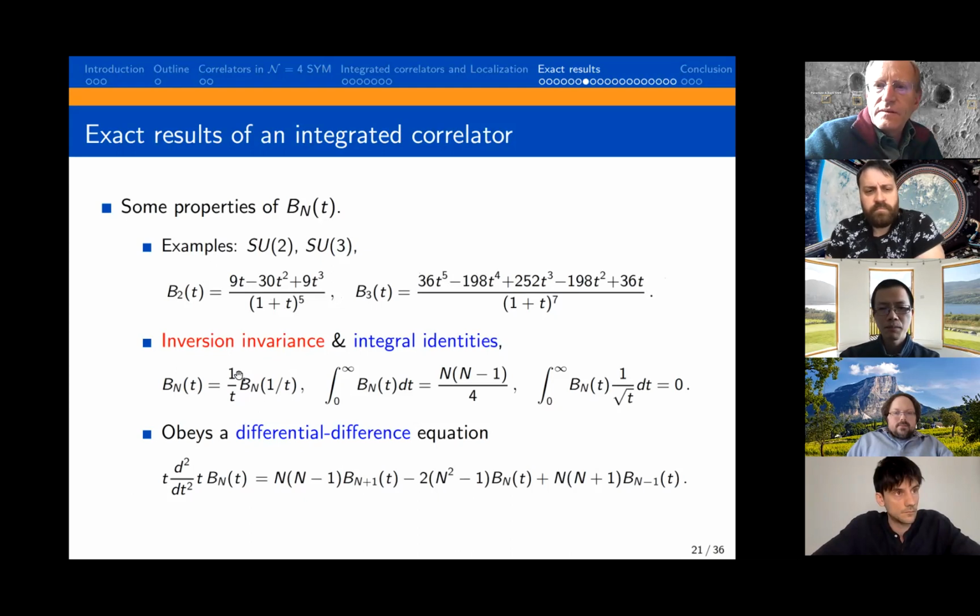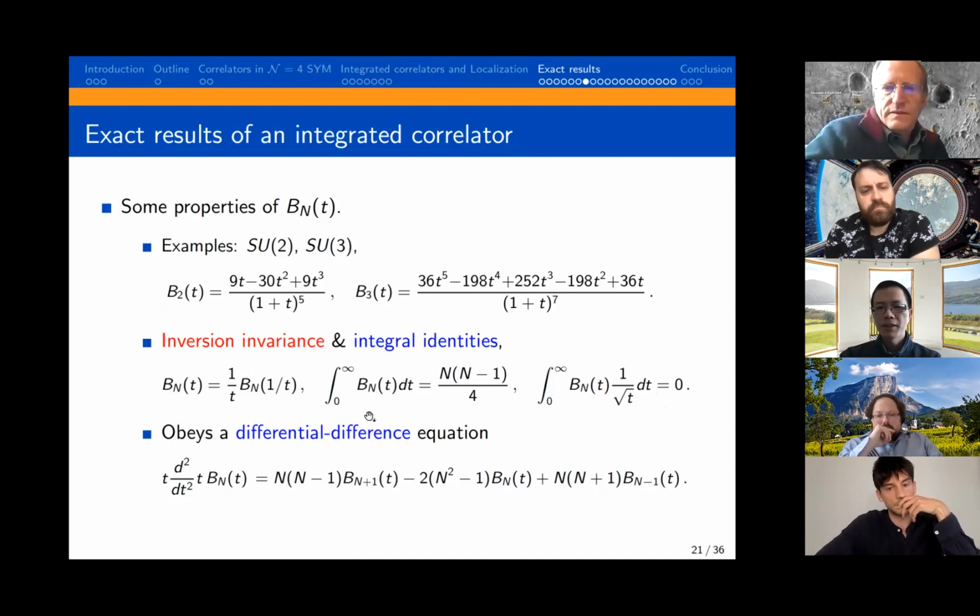As you can guess, this property is deeply related to the SL(2,Z) property. Furthermore, this object has an integral identity, which turns out to be important for me to do this Poisson summation and so on, but I won't really do it here. Anyway, there are some important properties of this object.